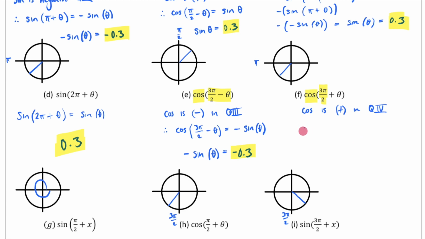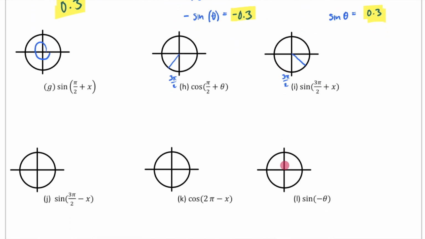So therefore, I could say that cos of 3 pi over 2 plus theta is equal to positive sine of theta. And we know that sine of theta equals 0.3. So that is my answer to that one. Perfect. Let's keep on going.